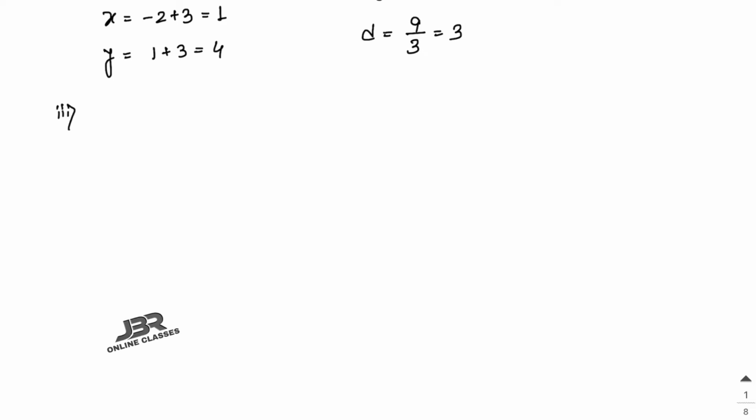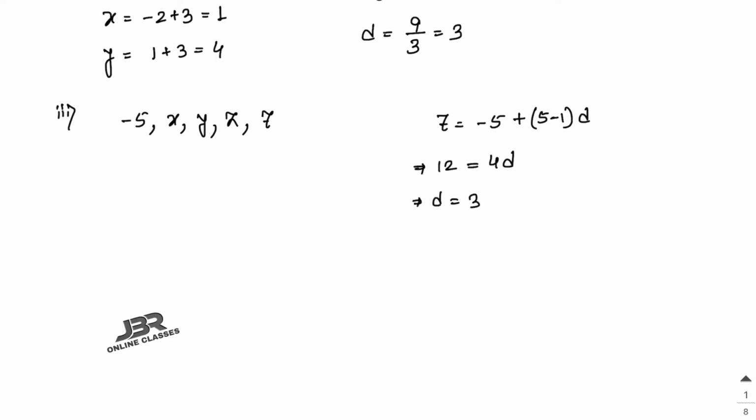Now the third one. Insert three arithmetic means: -5, x, y, z, and 7. You can write again the last term, that is 7 equals A, that is -5 plus, how many terms are there? 1, 2, 3, 4, 5. So (5 minus 1) into D. So 12 equals 4D, and D equals 3.